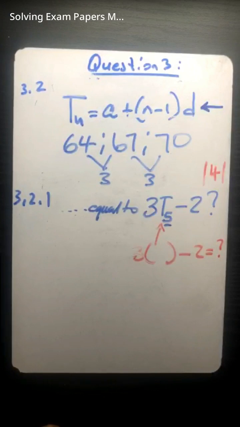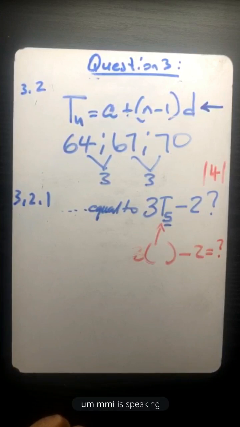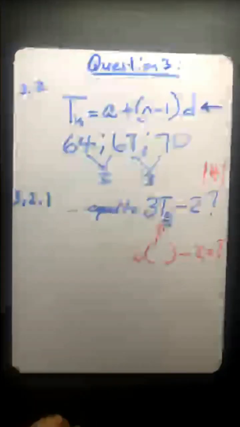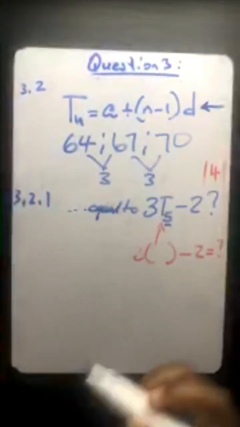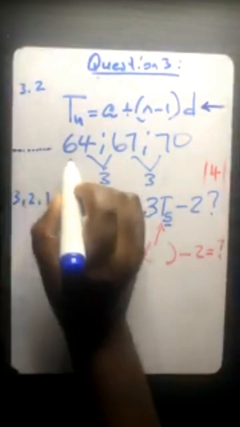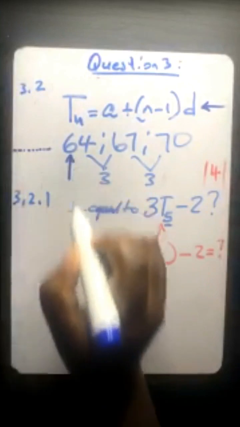Sir, question please. Yes. The A is not 64. The A is not 64 because the A is somewhere there. But they said something about that 64.